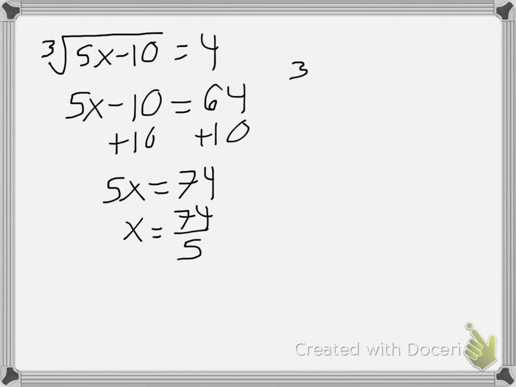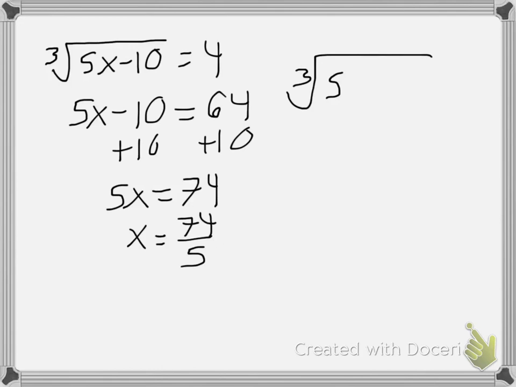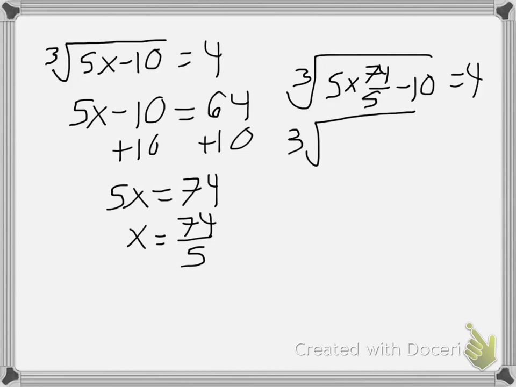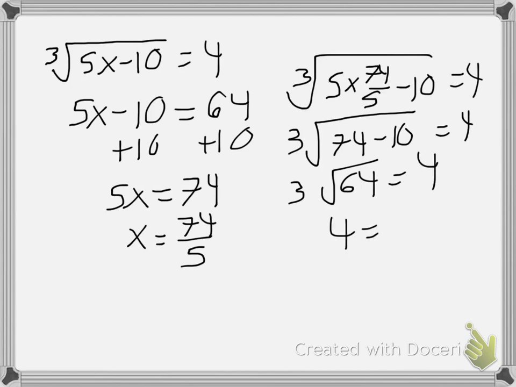So you have the cube root of 5 times 74 over 5 minus 10. It's got to equal 4. Well, the 5's will cancel out, so I get 74 minus 10. That's supposed to equal 4. Well, what is the cube root of 64? It is indeed 4, so 4 equals 4.